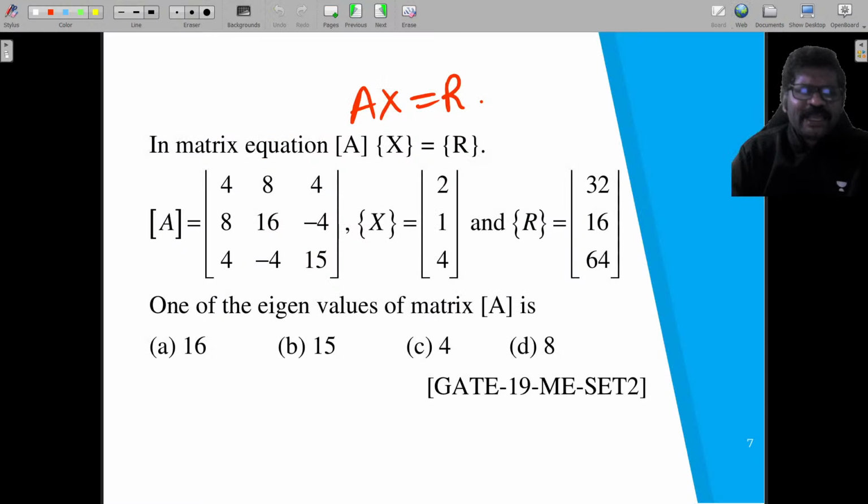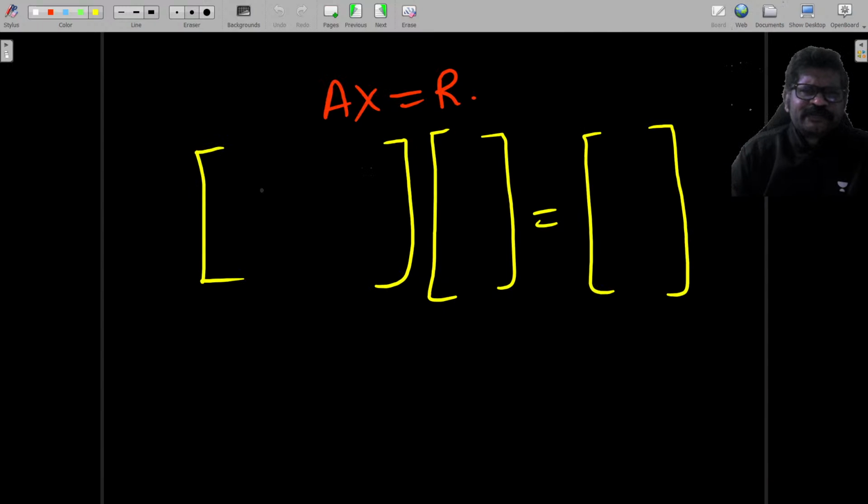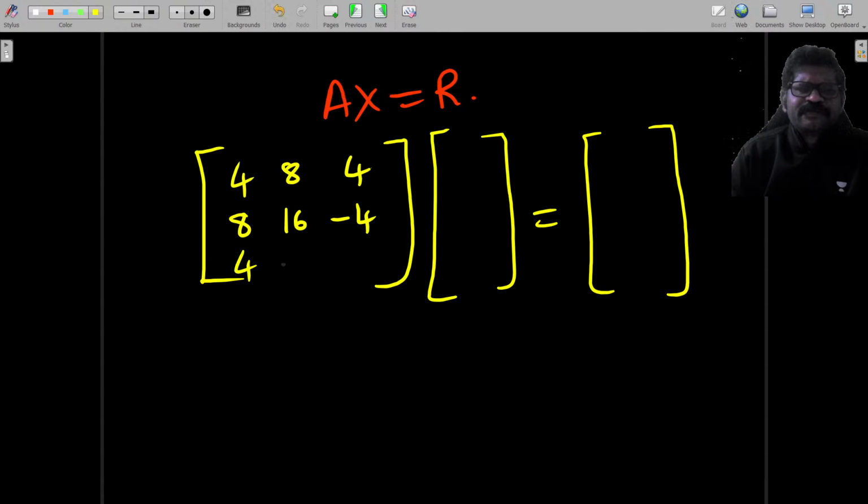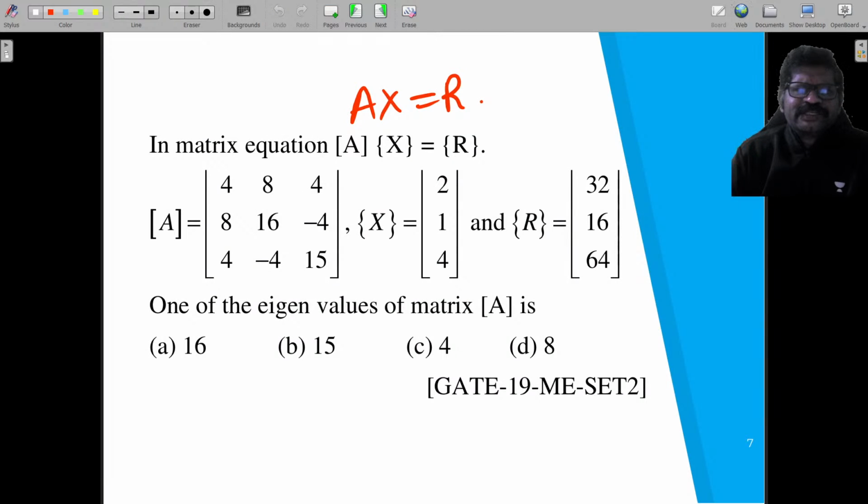Now, A is 4 8 4, 8 16 minus 4, 4 minus 4 15, 2 1 4, 32 16 64.